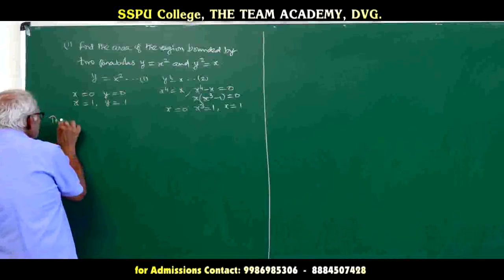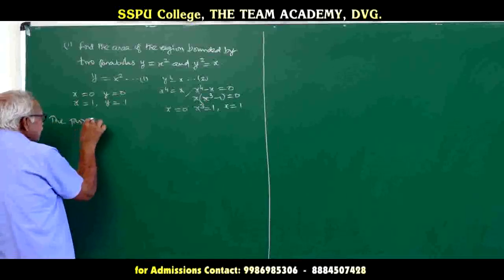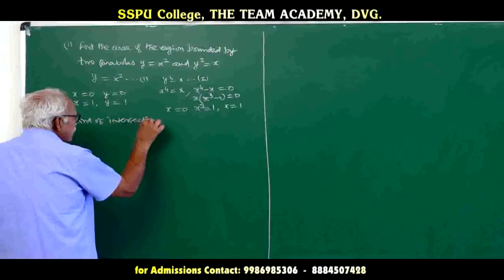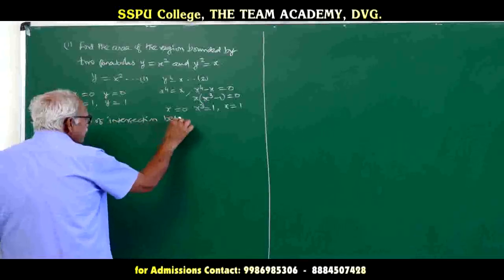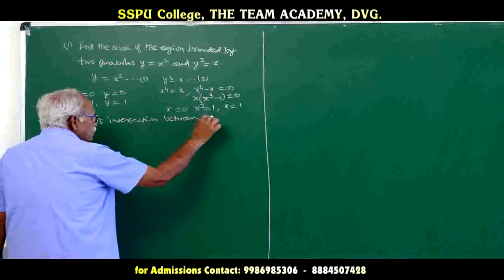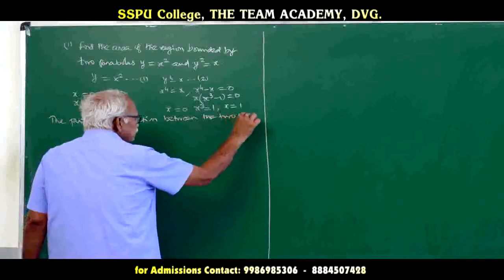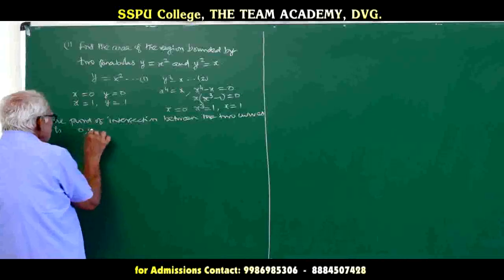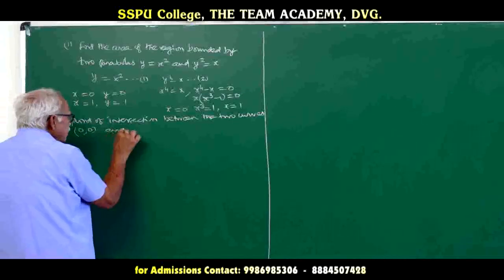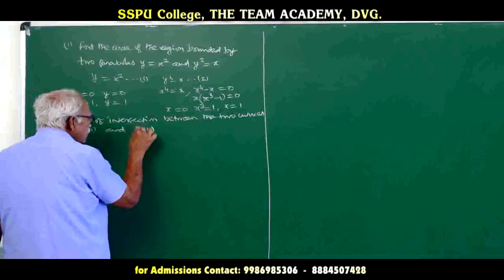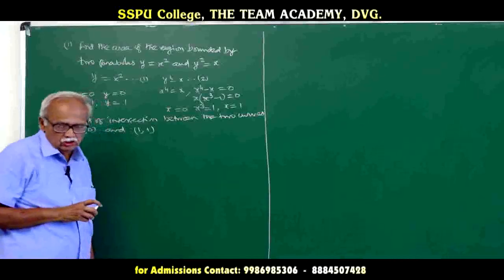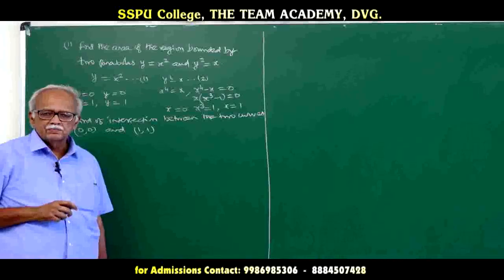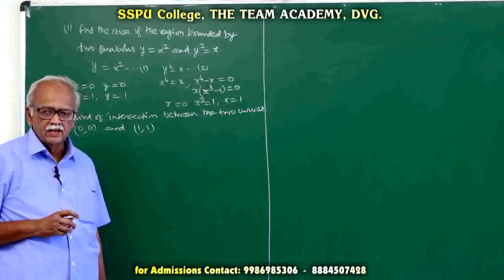Therefore, you get the points of intersection between the two curves: 0, 0 and 1, 1. So, the next step is completing the graph.